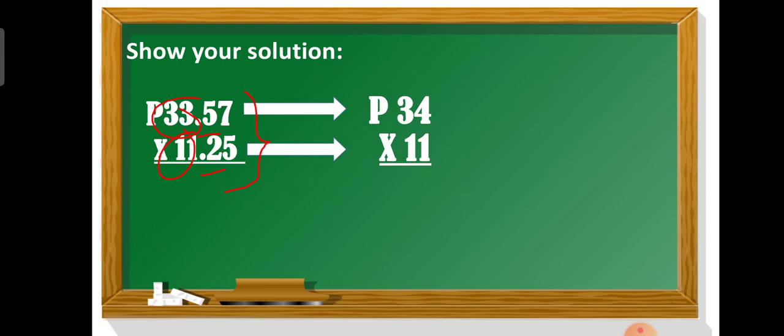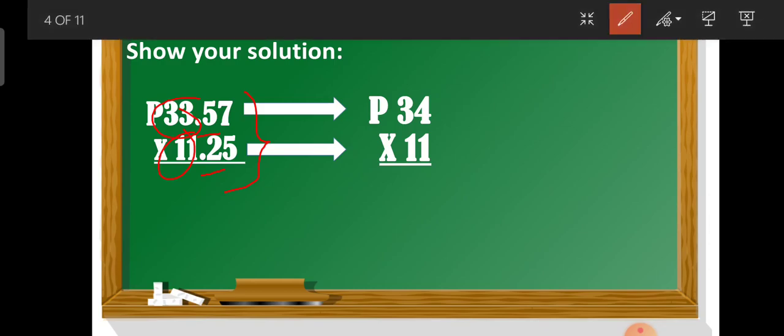So let us multiply. 1 times 4 is 4. 1 times 3 is 3. 1 times 4 is 4 again. And 1 times 3 is 3 again. Then you add the partial products. We have 4. 3 plus 4 is 7. 374.